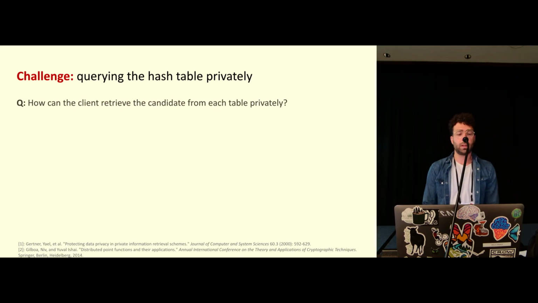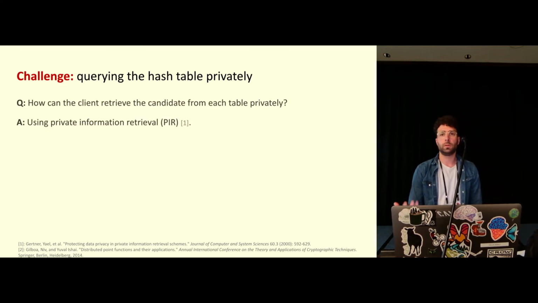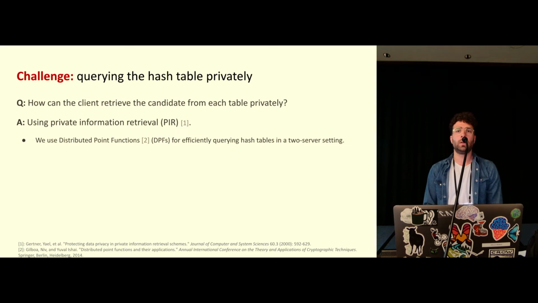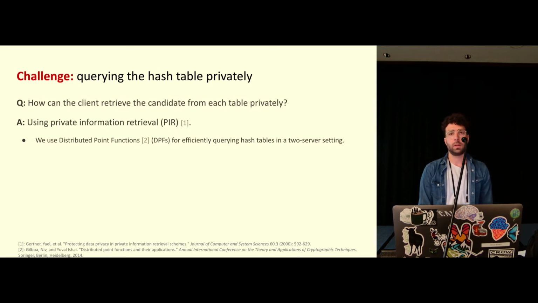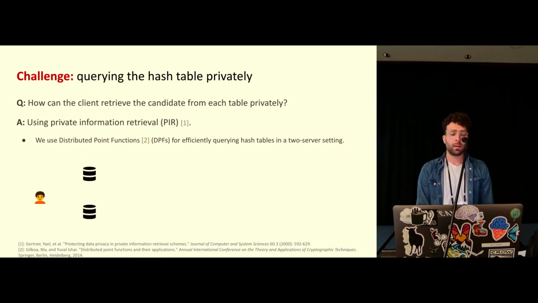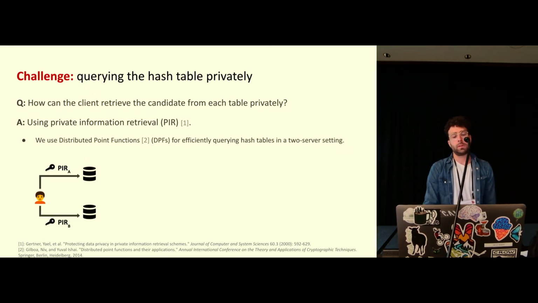Now, fortunately, we can use private information retrieval to perform this task. And in our paper, we actually use distributed point functions, which allow for very efficient querying of hash tables in two server settings. So how does this look at a very high level? Well, the client will send a PIR query to each of the database servers.